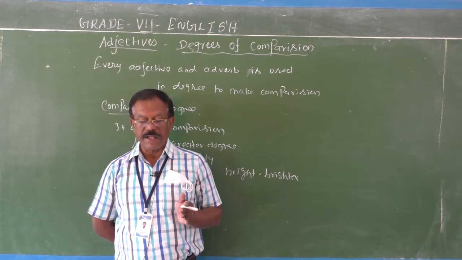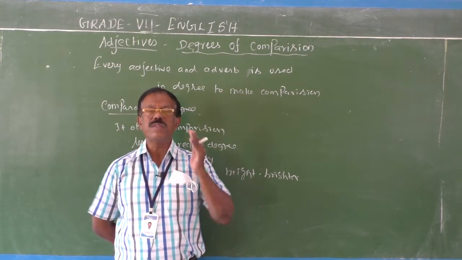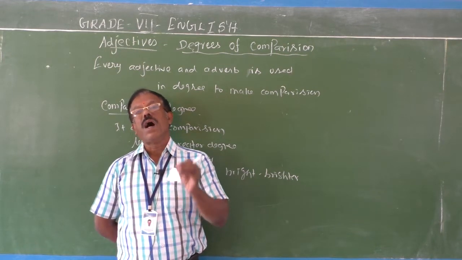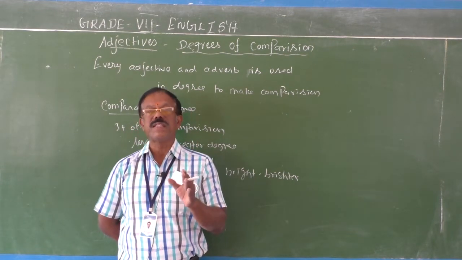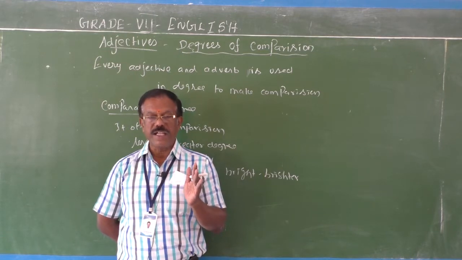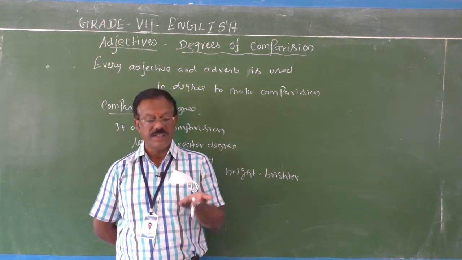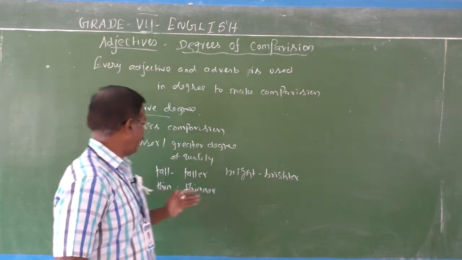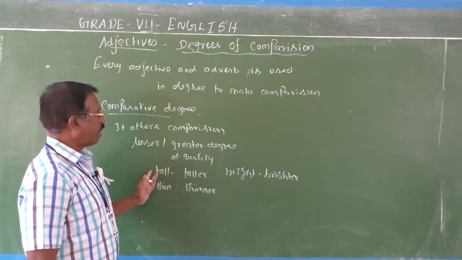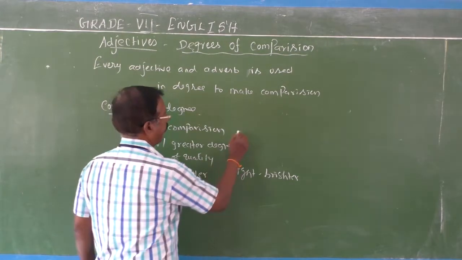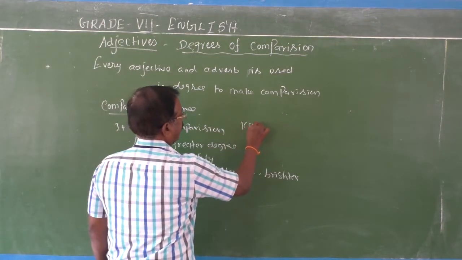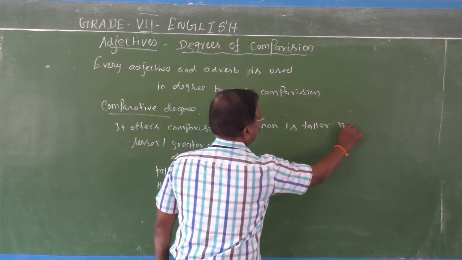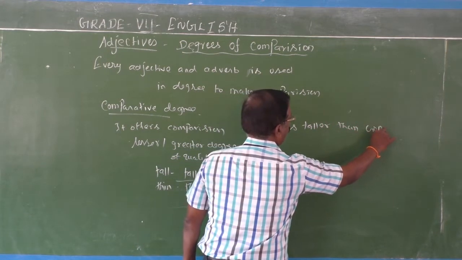When we want to compare two things or groups of things, we use this comparative degree. The comparative degree is formed, as I told you, by adding er to the base form of adjectives. Here I have given you the example tall, taller. Let me write a sentence.